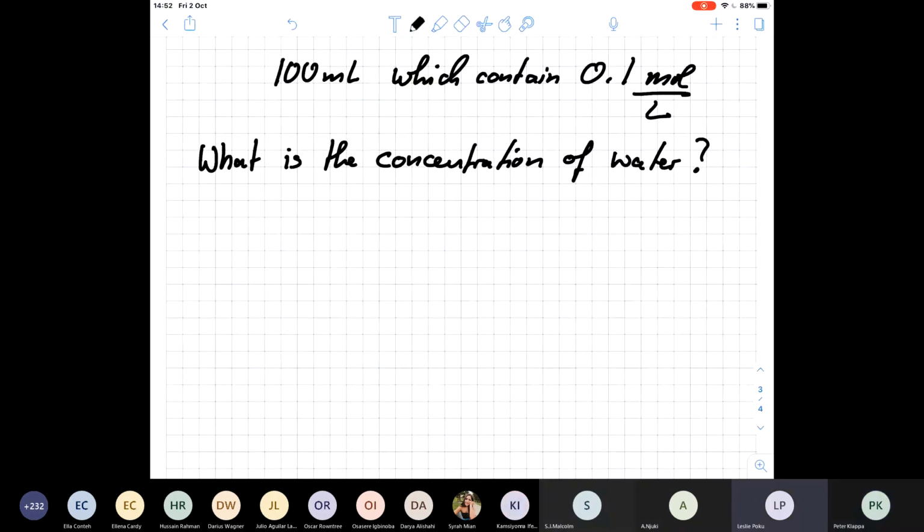Just pure water. What's the concentration of pure water? Shall I tell you what? Oh, wait, sorry, is it 1? Nope, it's not 1.